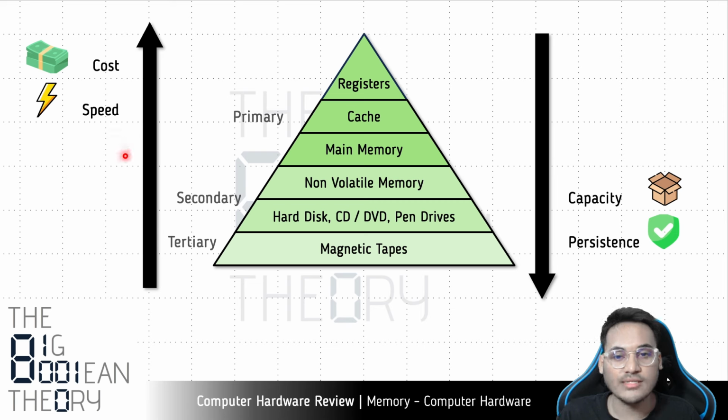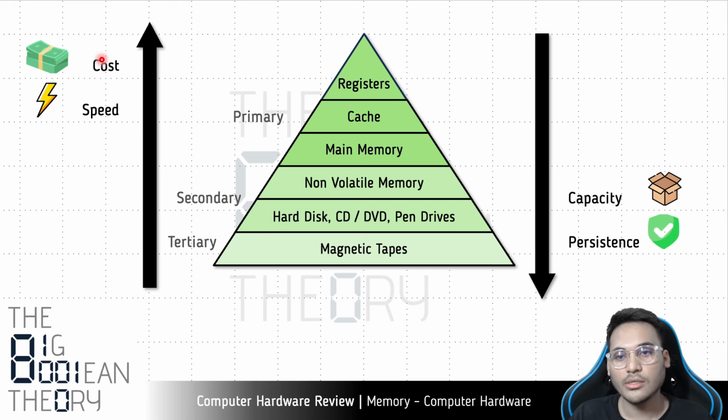As you go up in the memory hierarchy, the speed increases. At the top you will have the fastest form of memory, and at the bottom the slowest. The fastest memory has the smallest capacity, and the memory with the largest capacity has the least speed. So this was about the speed.